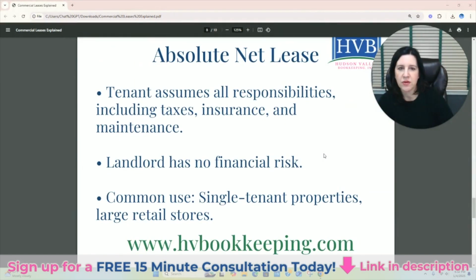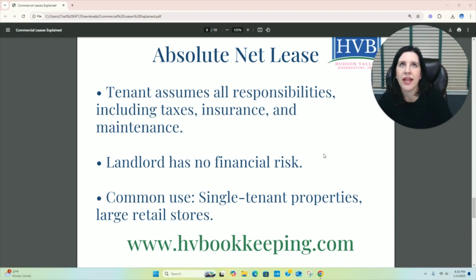Okay, I've seen this too. The tenant assumes all responsibilities, including taxes, insurance, and maintenance. The landlord has no financial risk. This is like if you're a landlord and you have a Lowe's. I've seen it with that.